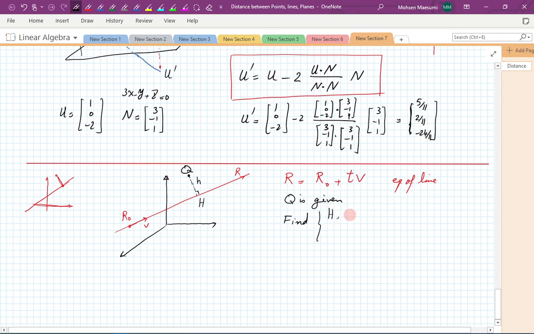which is the closest point on the line to the point Q, and find little h, the distance of Q from the line.